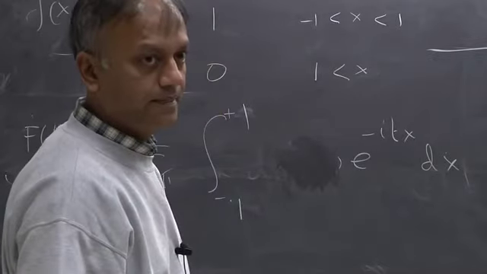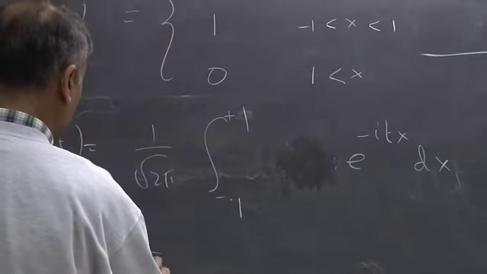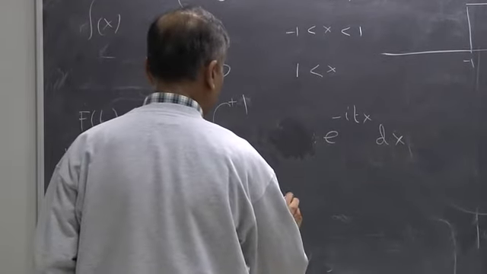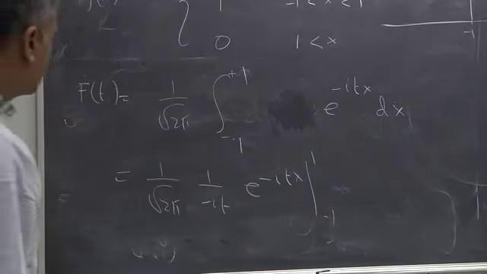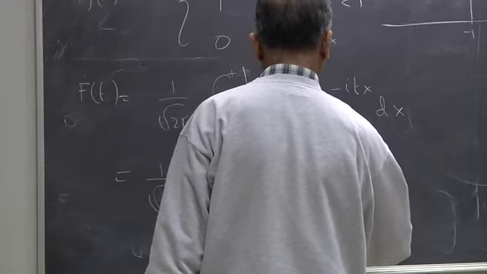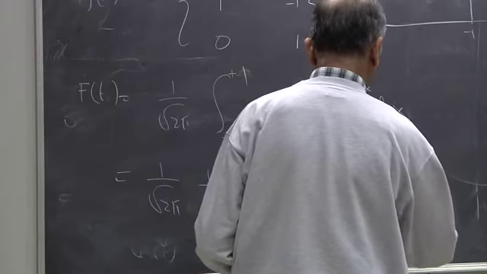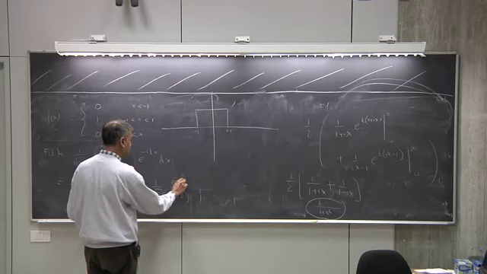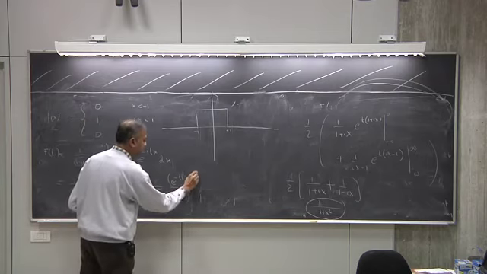So this integral gives me 1 over root 2 pi, 1 over minus i t, e to the minus i t x evaluated between 1 and minus 1, which is e to the power of minus i t at x equal to 1 minus e to the power of i t at x equal to minus 1.